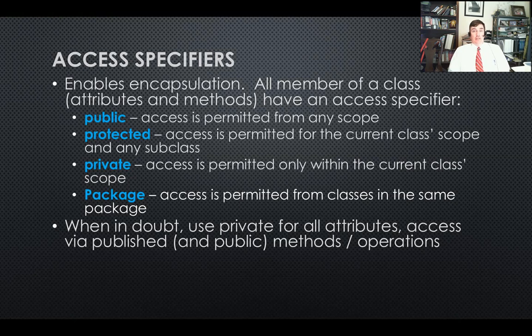So to make it private, that means access is only permitted within the current class. And if you do that, the only way anyone can get at your private attributes is to go through an accessor method or a mutator method. Those methods will be public. Public means they can be accessed from any scope, anywhere in any Java class.